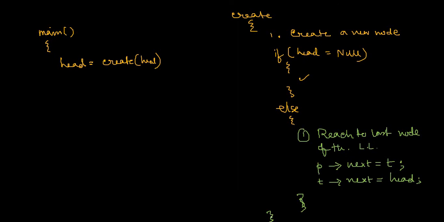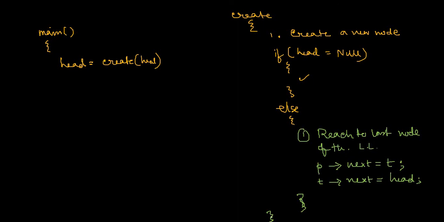In case of insert and delete operations also, it's the same as we have seen in case of single linked list. But always remember one thing, that in case of circular linked list, the last node doesn't have null. Last node next part doesn't contain null. It should contain the address of the head. So when you change or add or modify something or maybe delete something from the last node, you must remember that if you insert something in the last node, you have already done this.